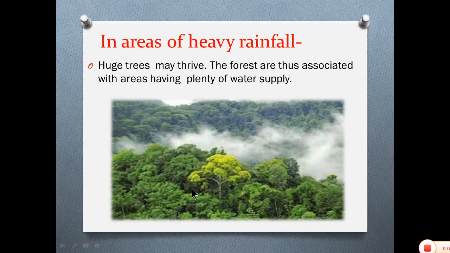Actually, there are trees with medium height and trees or shrubs with a low height. What you are seeing here is the upper part. The white substance which you see over here is fog. So you have a very humid condition over here with high temperature.